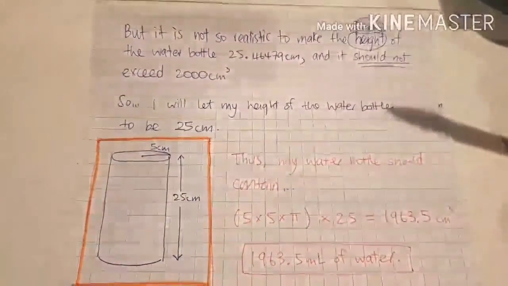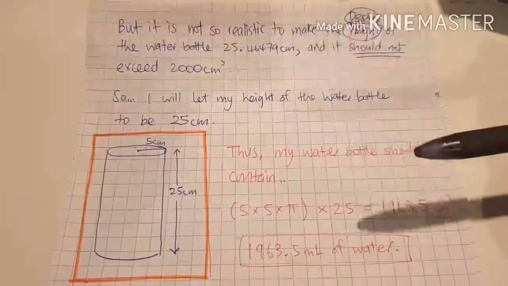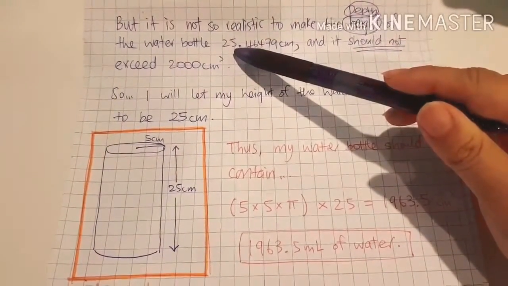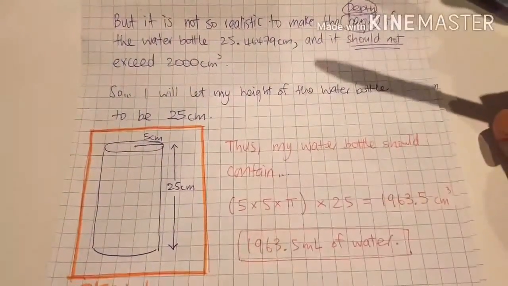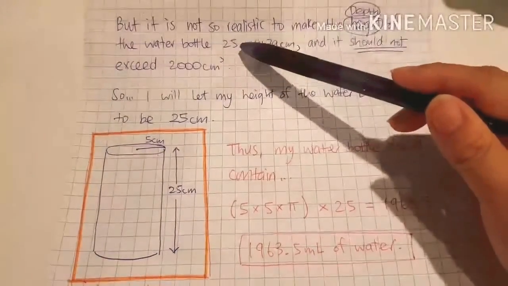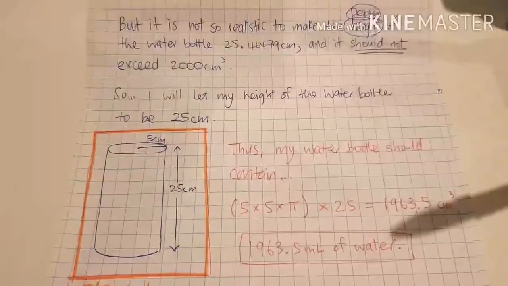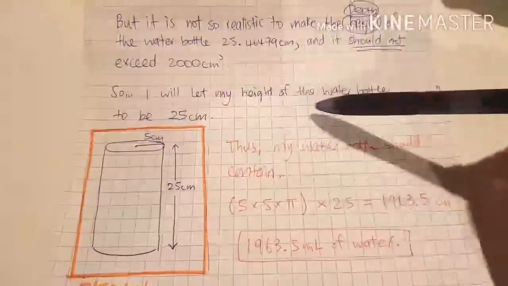So it's a nice, easy number. Why didn't I go 26? Because if I make it 26, the volume will exceed 2000. So I have to get rid of the decimals, and I made it 25 centimeters high or depth. I explained it here.